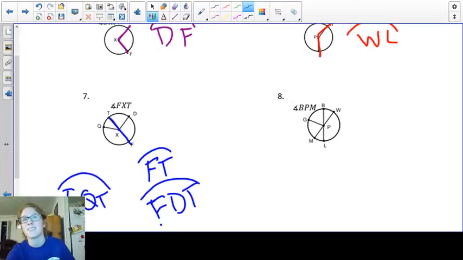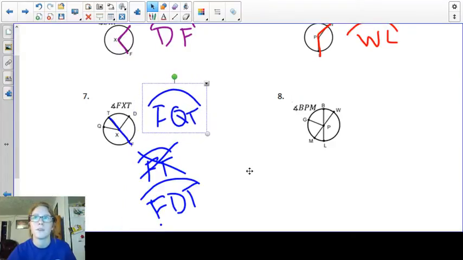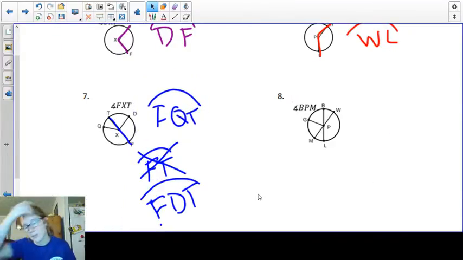So I just really prefer to not have this one, because when you're dealing, oh, you can't see that, can you? Oh, sorry, I forgot I'm there. There you go. I would prefer to not have the FT because it is considered a semicircle, and a semicircle is basically a major arc. When we deal with major arcs, we need 3 letters.